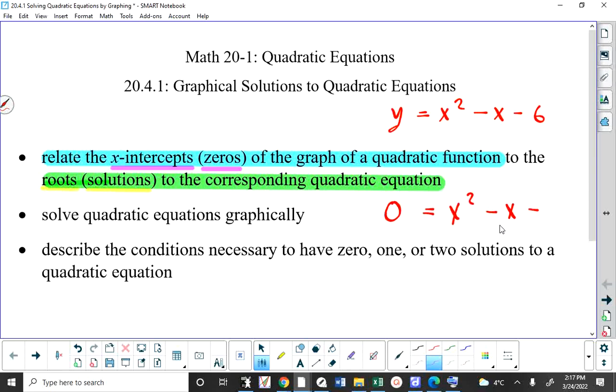Well, the corresponding quadratic equation is the same quadratic expression equal to 0. So what's the relationship between the x-intercepts of this function and the solutions of this equation? They're the same.